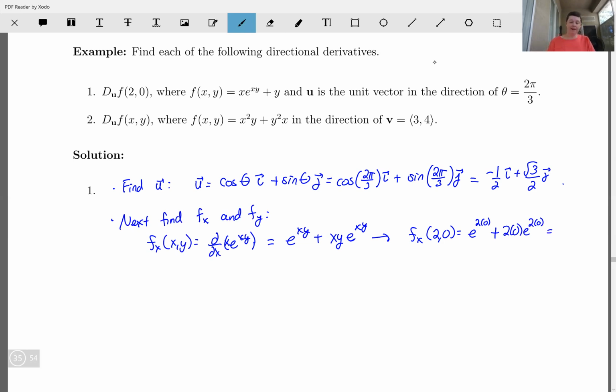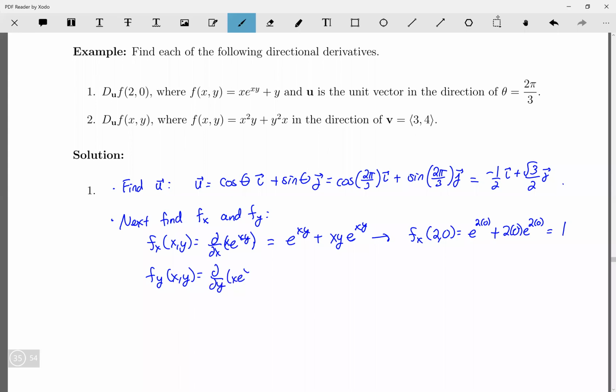All right, partial of f with respect to y. So I have d/dy of x e to the xy plus d/dy of y.